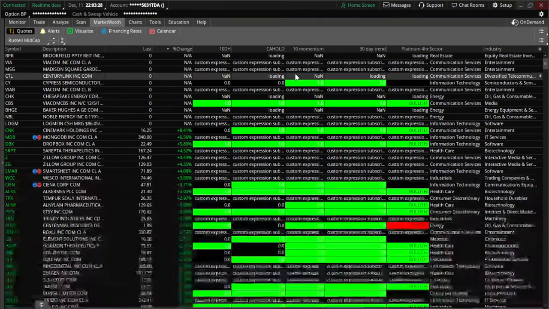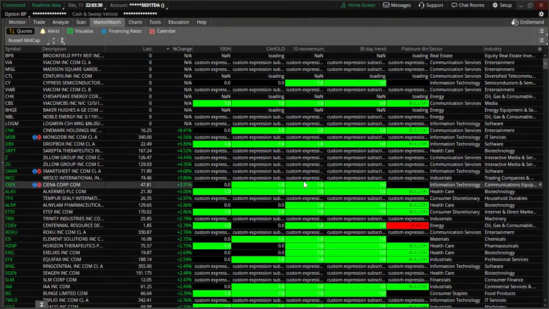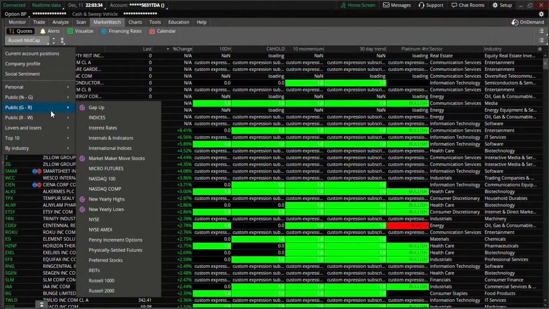So all this stuff through here is custom built stuff. It's not loading very well, because once you get over 100 stocks on this Market Watch with custom scanners or custom indicators, it lags a lot.